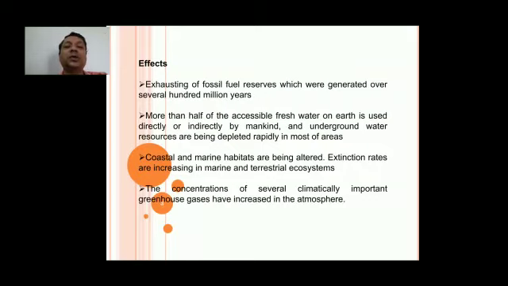The concentration of several climatically important greenhouse gases has increased in the atmosphere. When these greenhouse gases increase in the atmosphere, more heat will be trapped in the earth, so there will be the problem of global warming, and directly or indirectly other problems will happen if there is global warming.